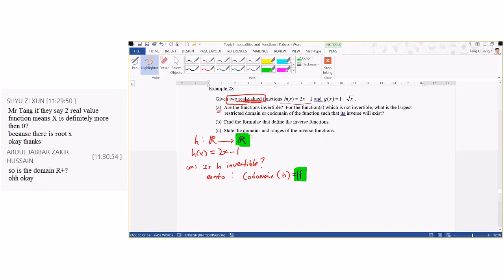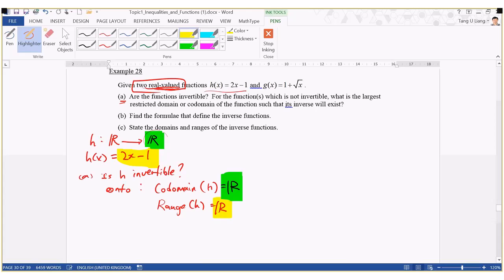To check one-to-one, let's just run through the steps. A straight line graph is clearly one-to-one, so we can use this way to prove it. So f(a) equals f(b). Then this would mean that 2a minus 1 is equal to 2b minus 1.